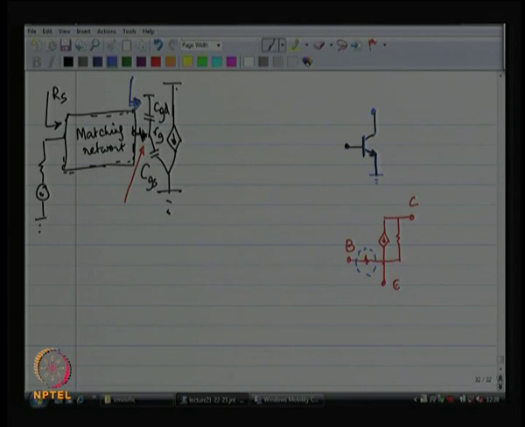Although the models look very similar, there is no difference as far as the model is concerned. Probably there is a capacitor less in the BJT, but as far as the understanding is concerned, both are very different.